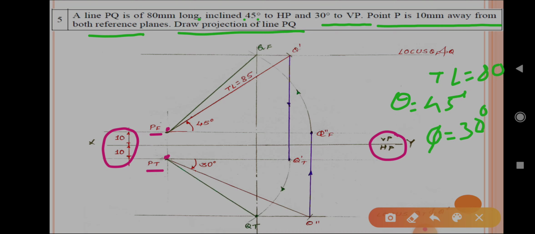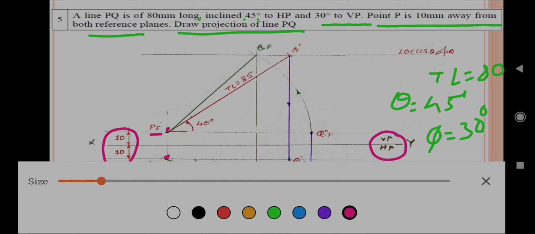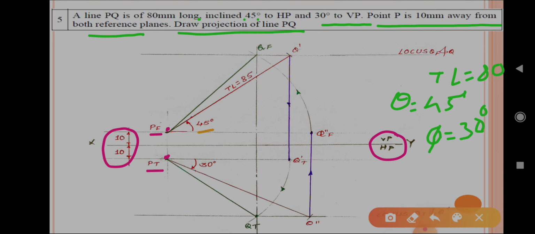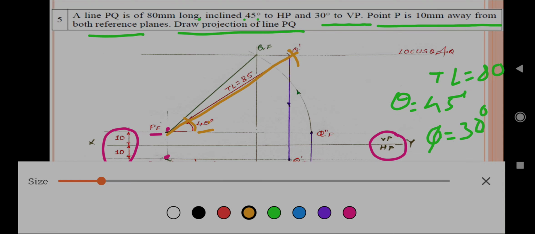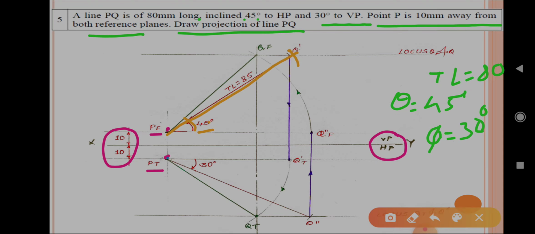Then the inclination is given, 45 degree, and the true length is also given. So first draw the line inclined 45 degree to HP with the true length 85 mm, and again from PT we draw the 30 degree line, that is the inclination with VP 30 degree, with true length 85 mm.